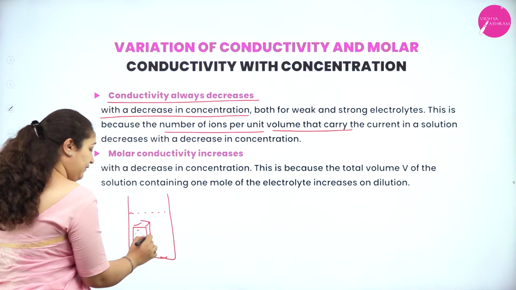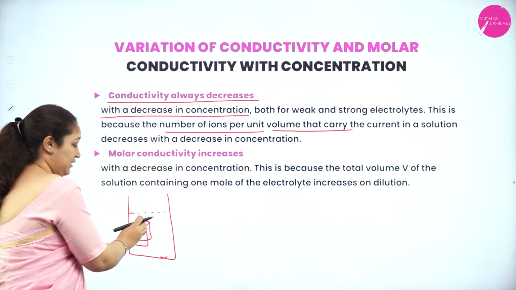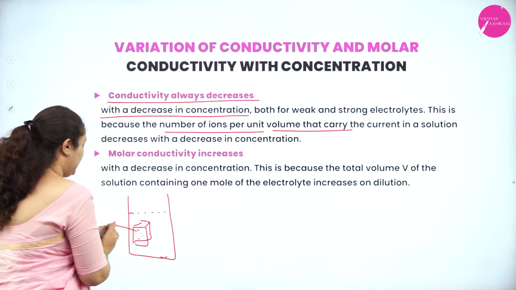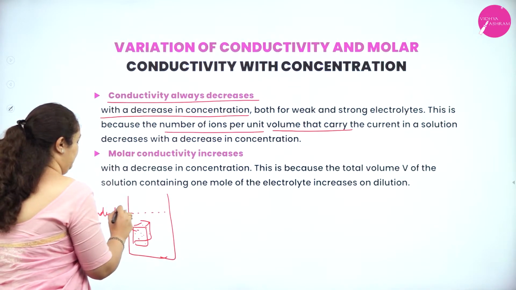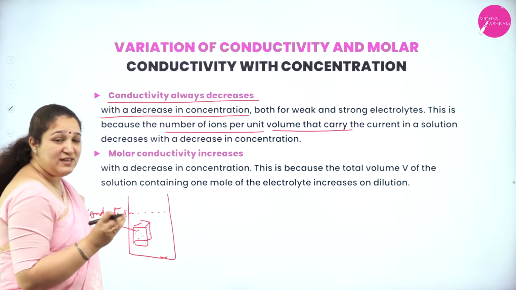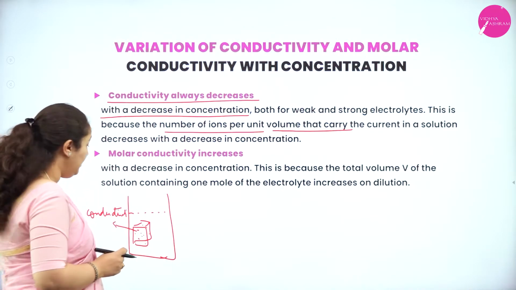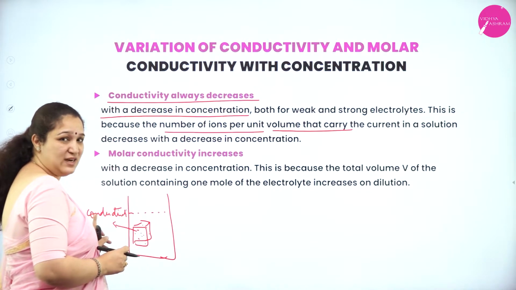How many ions are there and how much electricity they can conduct, that is called conductivity or specific conductance. So, it is the number of ions in per unit volume that conduct electricity that is called conductivity.